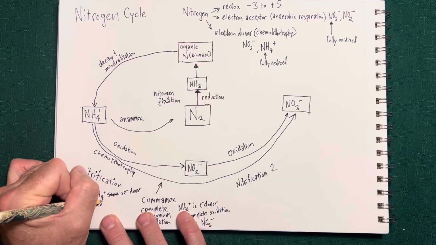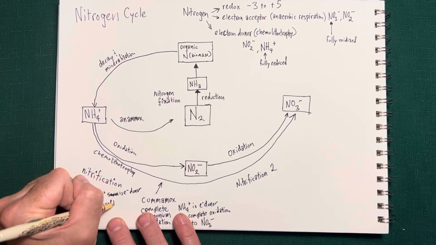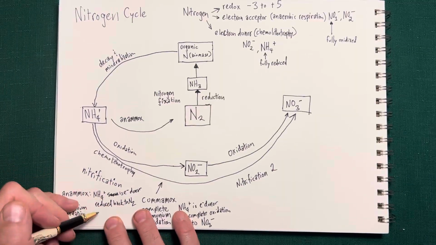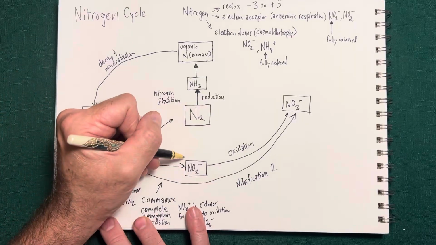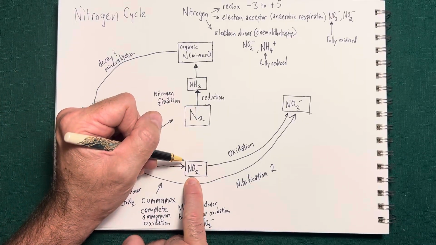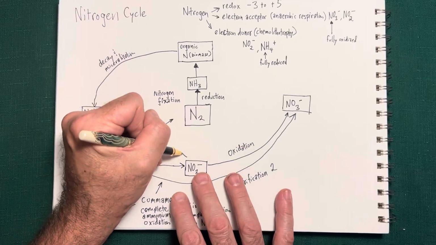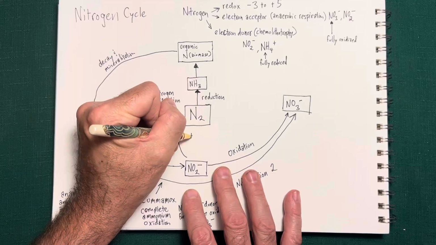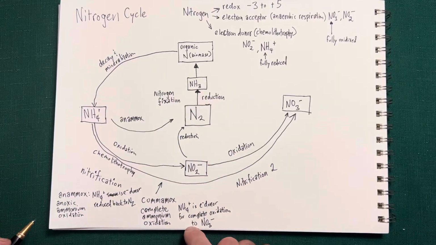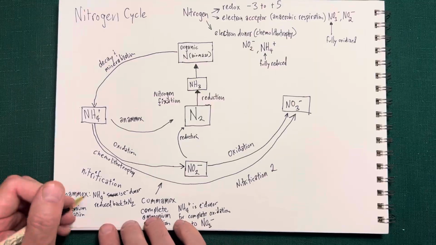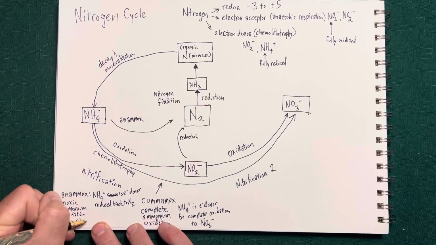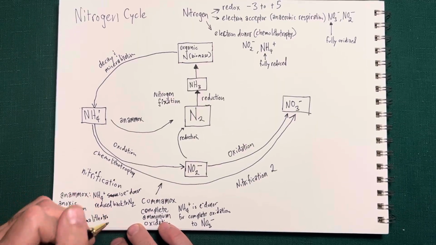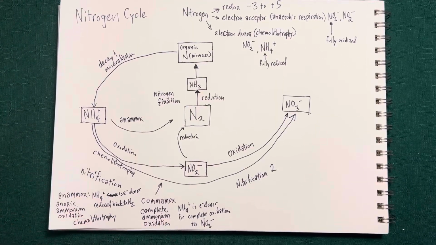And it gets reduced back to nitrogen gas via nitrite, as a reduction process. And that is a type of chemolithotrophy again.